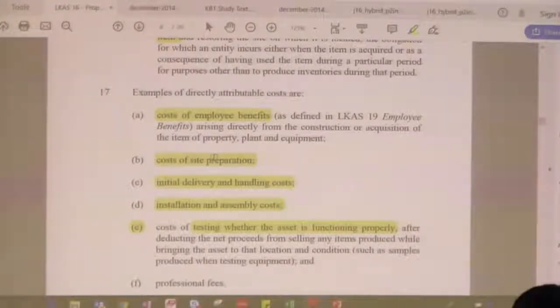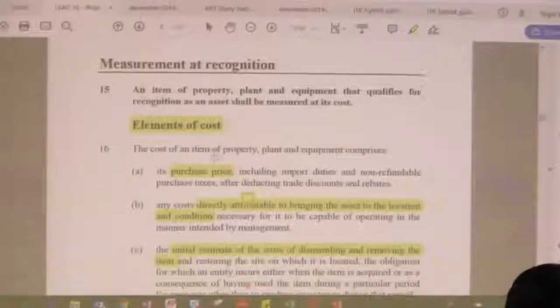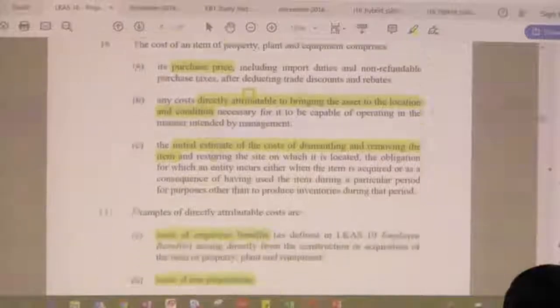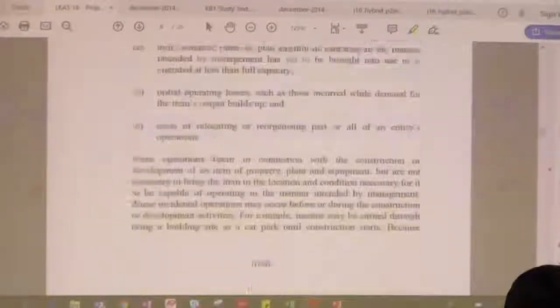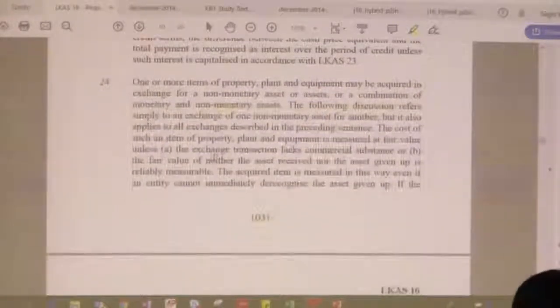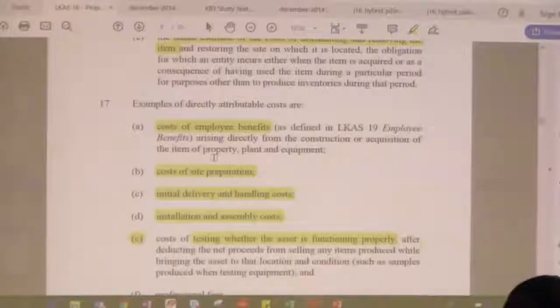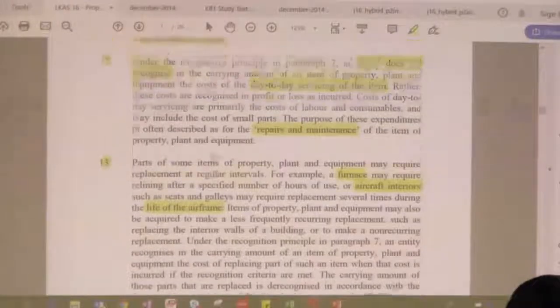So when it comes to subsequent, all these things come under what? The initial element of cost, under initial cost, right? Then you have subsequent cost as well, which is there in paragraphs 12 and 13.